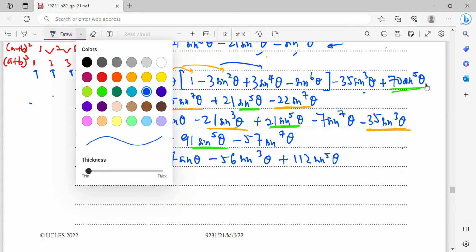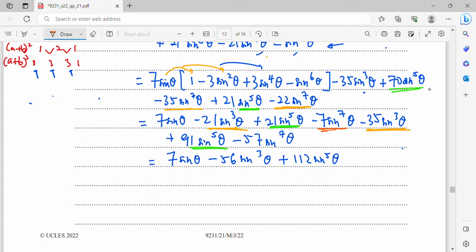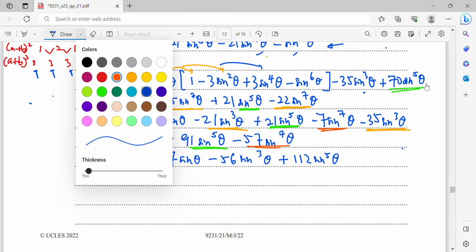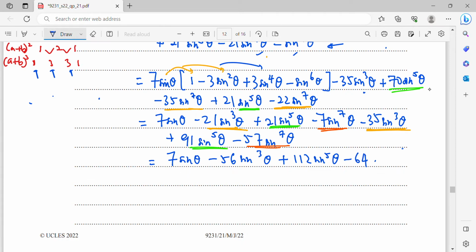Okay, lastly, negative 7 sine 7 theta minus 57 sine 7 theta means that this is negative 64 sine degree 7 theta.